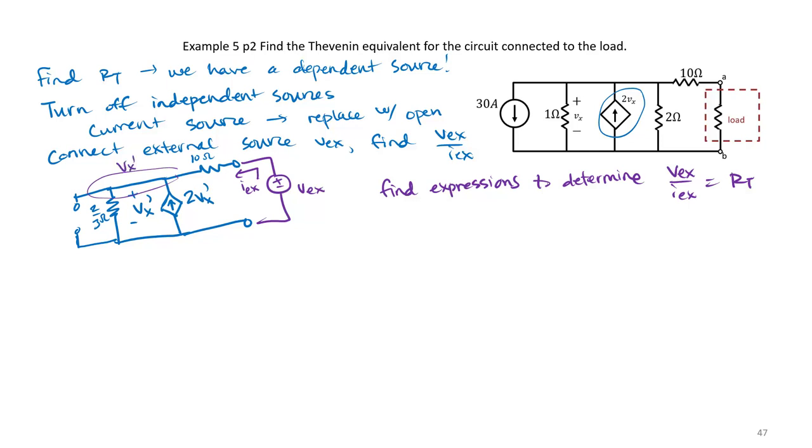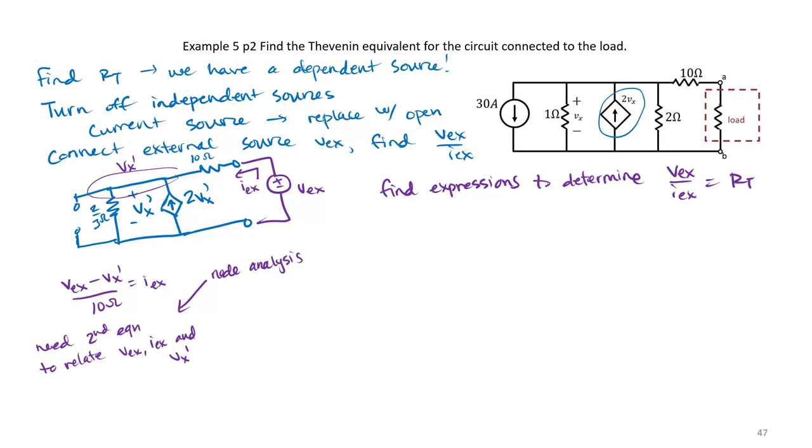So we can say that VEX minus Vx prime over 10 ohms equals IEX. Once again, we need a second equation to relate VEX, IEX, and Vx prime. So in this case, let's do node analysis, because that would be an easy way to get an equation for Vx prime in terms of the other values.